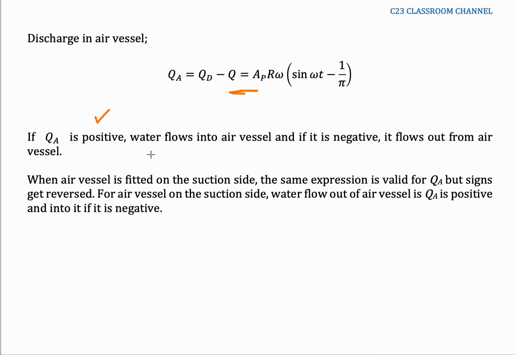However, the most common practice is to install the air vessel at the outlet because we want to make sure that the flow rate at the outlet is steady and the friction is less compared to a system without any air vessel.